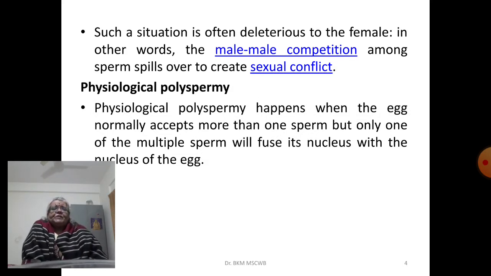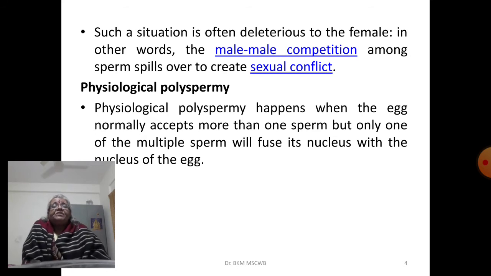Physiological polyspermy happens when the egg normally accepts more than one sperm.